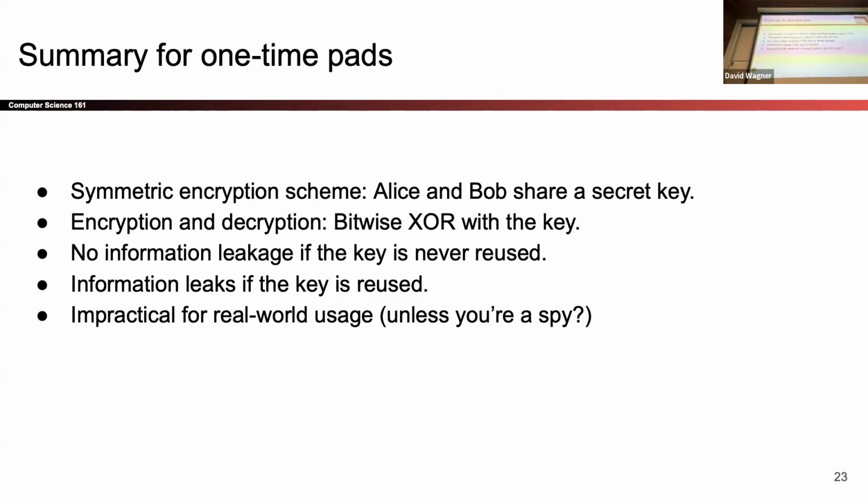The warranty said, pick a key for the first message randomly, and the second key for the second message also picked randomly, independently of the first key. If it's not independent, then you have no guarantees. That's okay. When you pick the second key, you don't need to remember what the first one is and make sure it's different. You just need to make it random and independent of the first one.